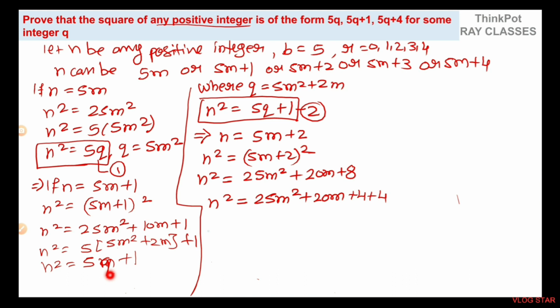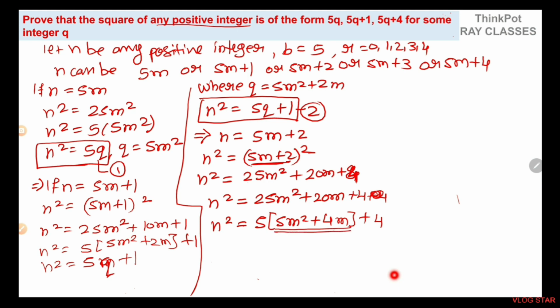So now n square is equal to, this is a plus b whole square, so we get 25m square plus 2 times 20m, then the square of this is 4. This is not 8, by mistake it is written, it's a 4, so we'll have only 4 here. So we can take 5 common: 5 times 5m square plus 4m, plus 4.